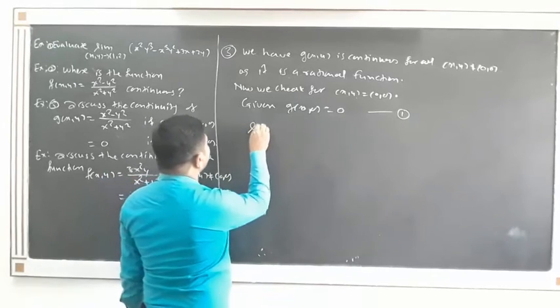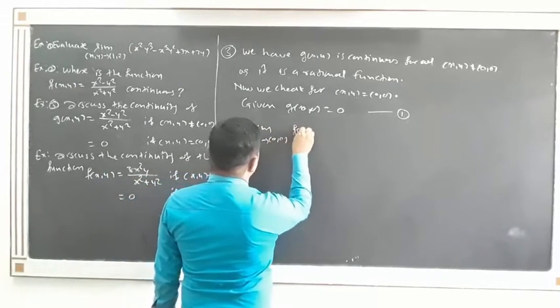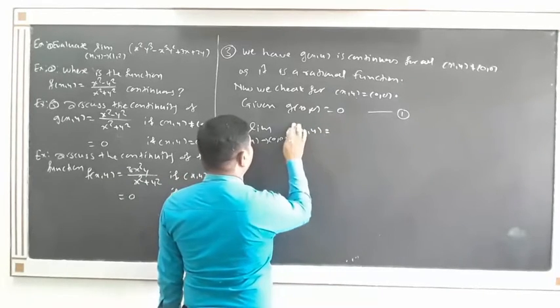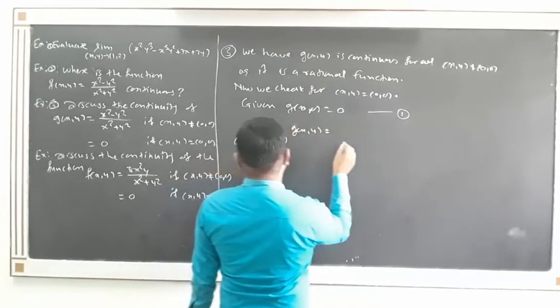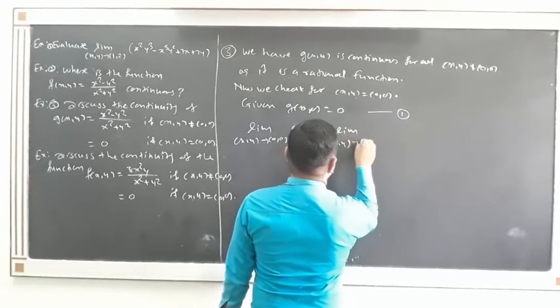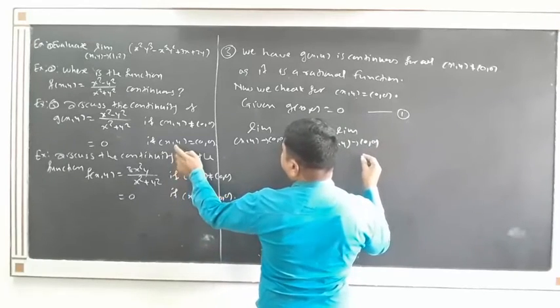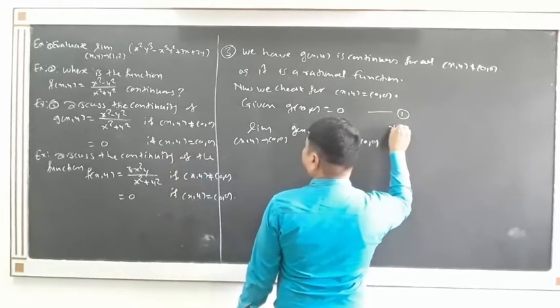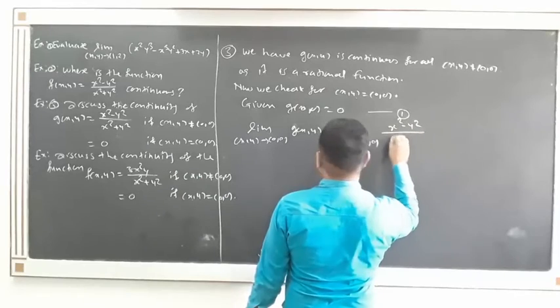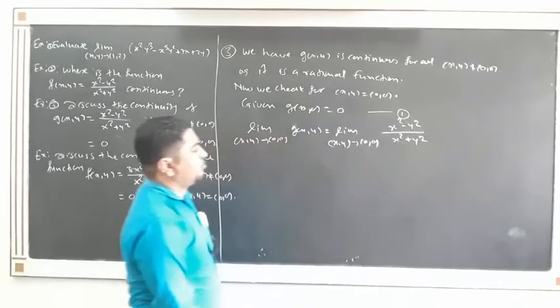We have to find the limit as xy tends to 0, 0 of g of xy, which is equal to the limit of x square minus y square upon x square plus y square. Okay, so we have to find the limit.